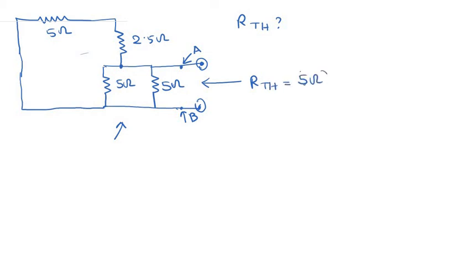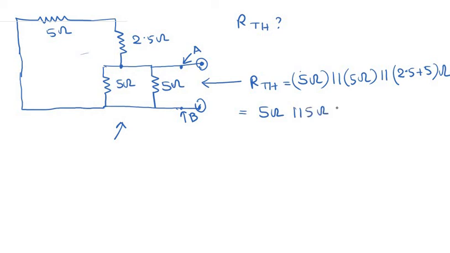5 ohm parallel to 5 ohm, so these two resistors over here, parallel to 2.5 plus 5 ohm, so basically this combination of resistors. So basically 5 ohm parallel to 5 ohm parallel to 7.5 ohm, and if you calculate, this would give me 15 by 8.